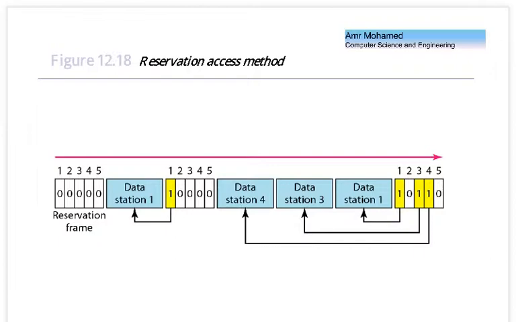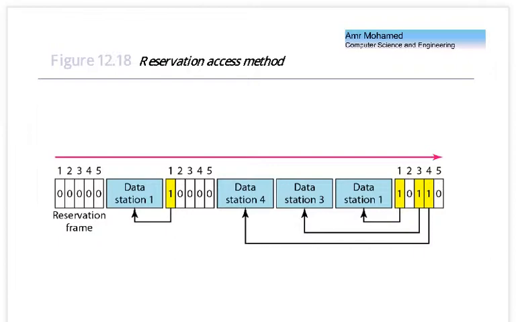So we have mini slots. Each node will fill its own mini slot if it has data to send. Then, based on the flags in the mini slots, only the stations that set this flag are able to send.